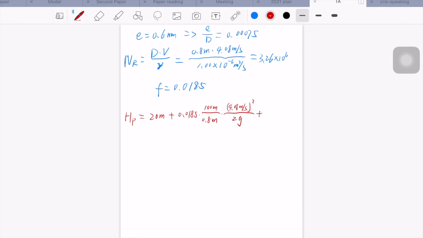And so we can get that HP equals 23.2 meter.